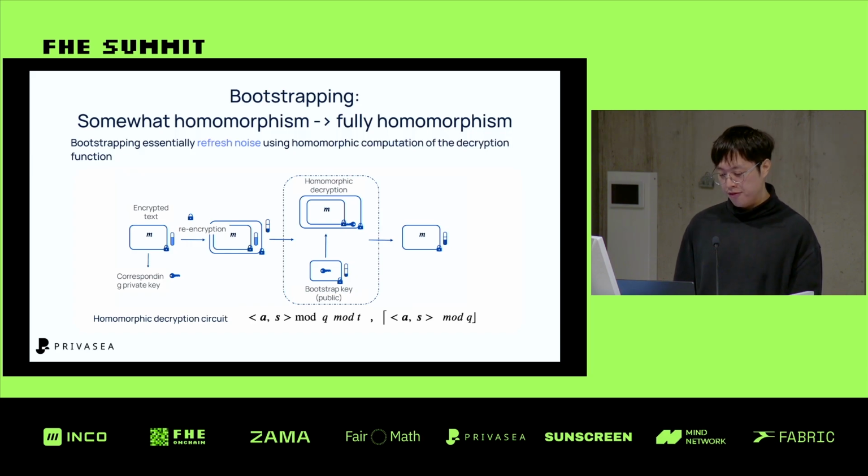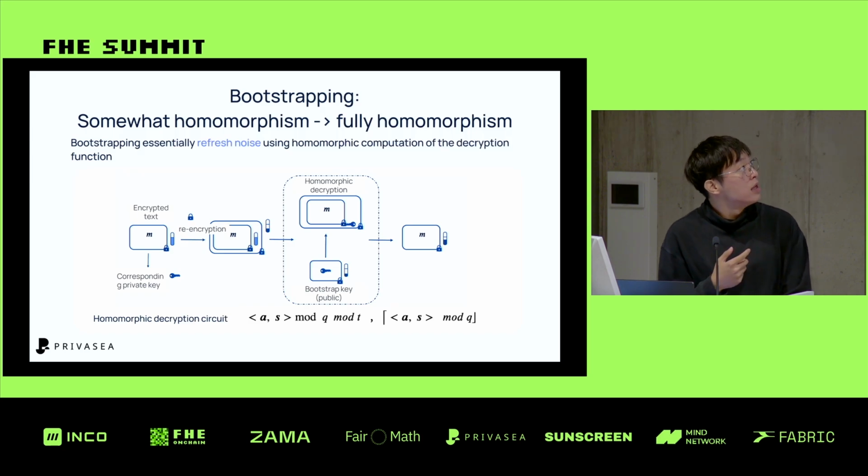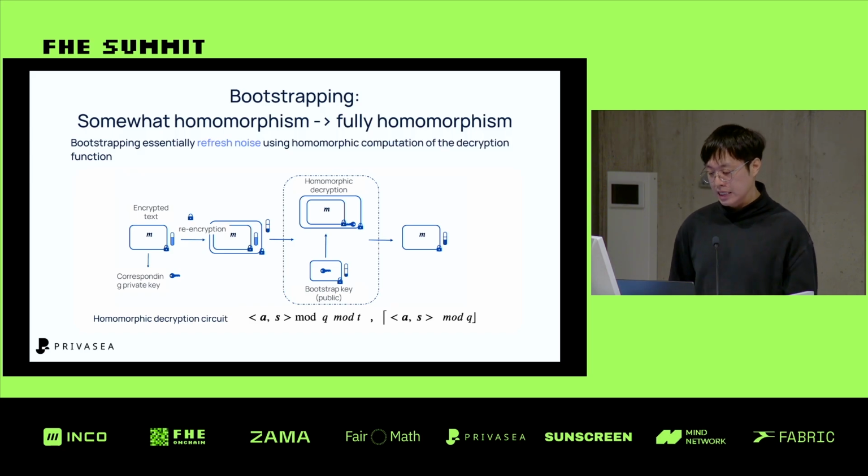You can see if you have a full-noise ciphertext M, then you can evaluate its decryption circuit, AS modulus Q and modulus T. So then you can get a new ciphertext of M. If the noise growth in the homomorphic decryption is less than the original noise, then you can do more homomorphic operations. Yeah, so that is bootstrapping, to refresh noise.